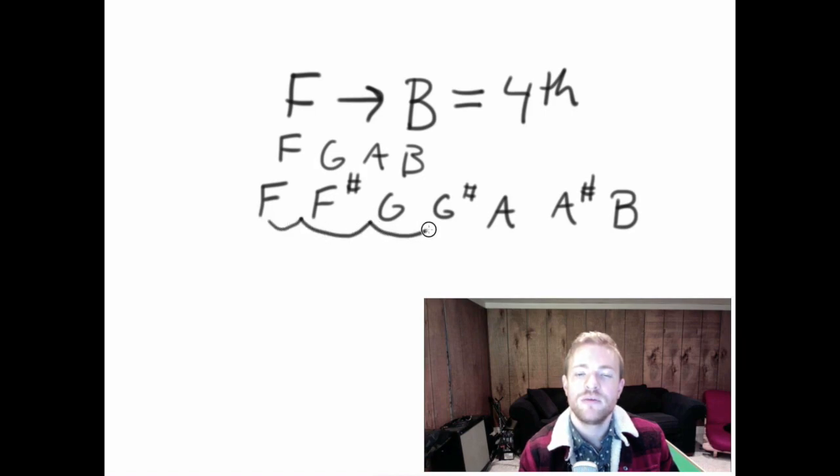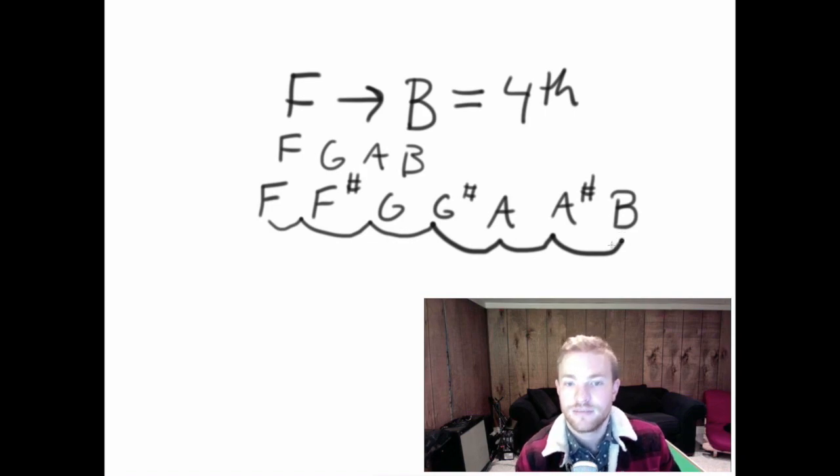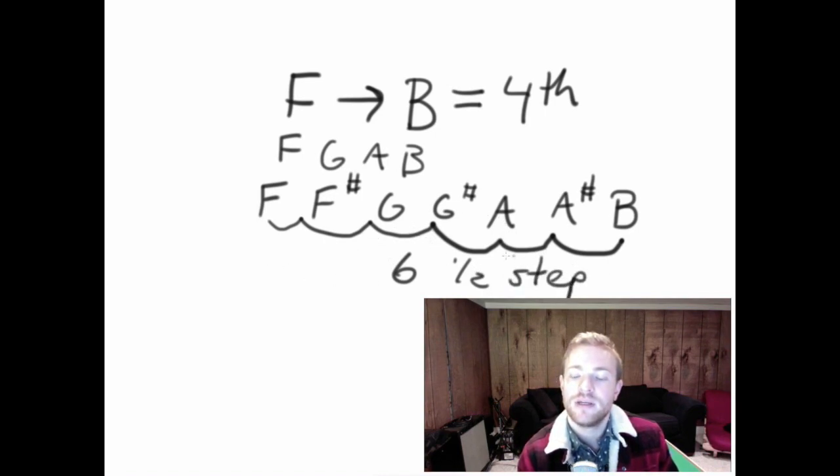How many steps is that? 1, 2, 3, 4, 5, 6. So, if you recall from the last section of the video, a fourth that contains 5 chromatic half steps is called a perfect fourth, defined on the basis of the C major scale. This one has 6 half steps. So we've taken the perfect fourth and lengthened it by 1 half step.